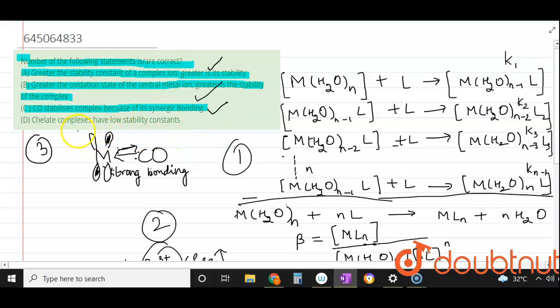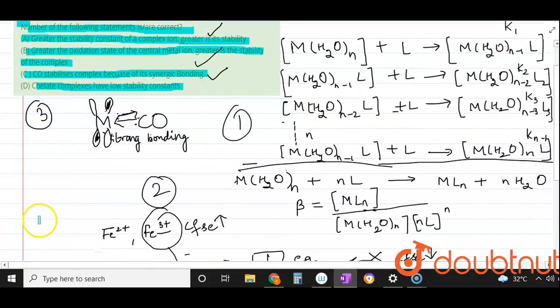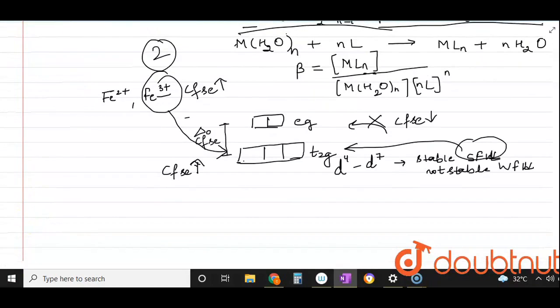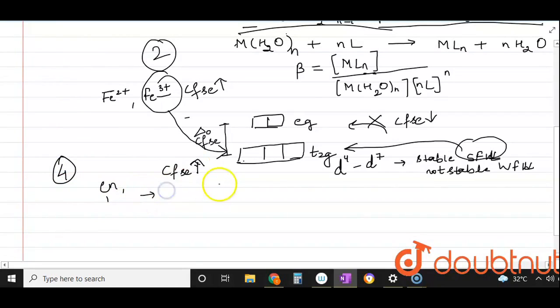Now, chelate complexes have low stability constants. Chelate complexes means the ring forming complexes, means the ring forming ligands. Okay, for example, we have seen the example of ethylene diamine, right? In case of ethylene diamine, it is a chelate forming compound like en.